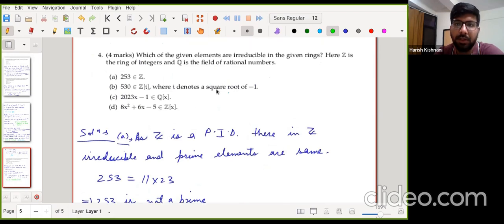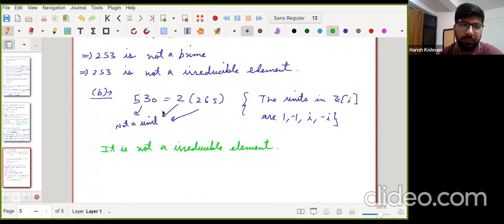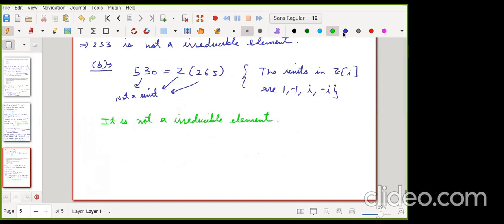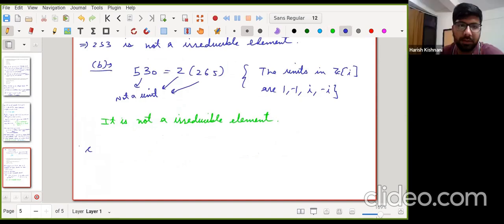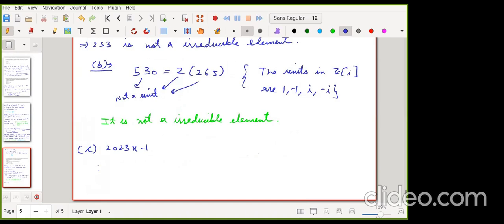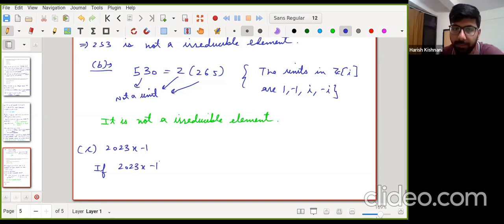Now, what about the third part? Whether it's an irreducible element in Q[x]. It's irreducible. Yes. Because, what's the argument, Puthu?